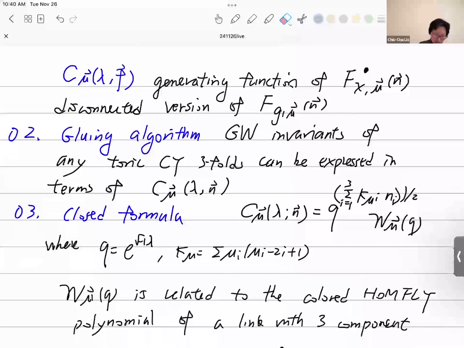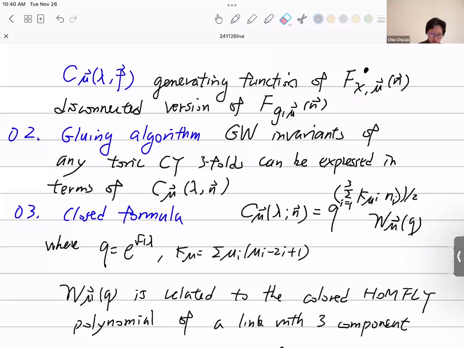So the second thing is that Gromov-Witten invariance of any toric Calabi-Yau threefold can be expressed in terms of this open Gromov-Witten invariance of C3. So the idea is that any toric Calabi-Yau threefold can be obtained by gluing C3s, one copy of C3 for each torus fixed point.